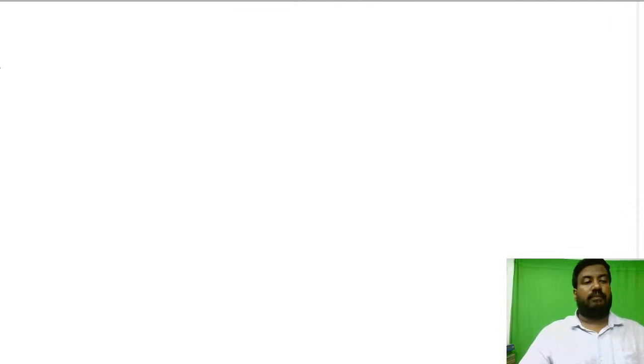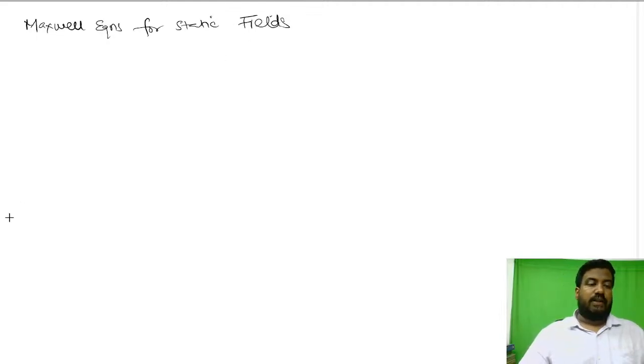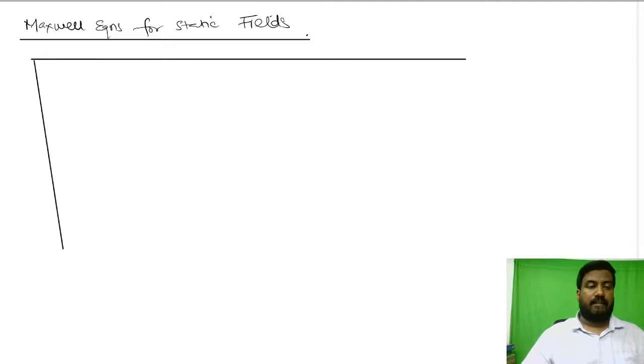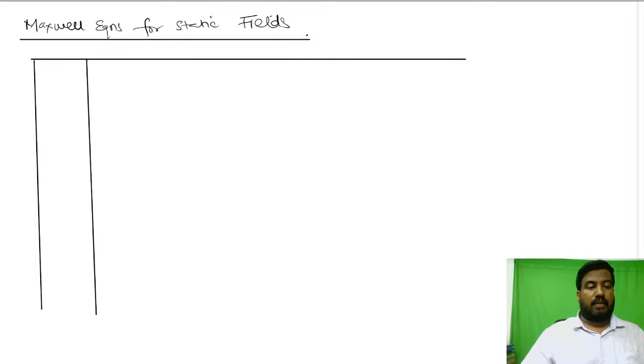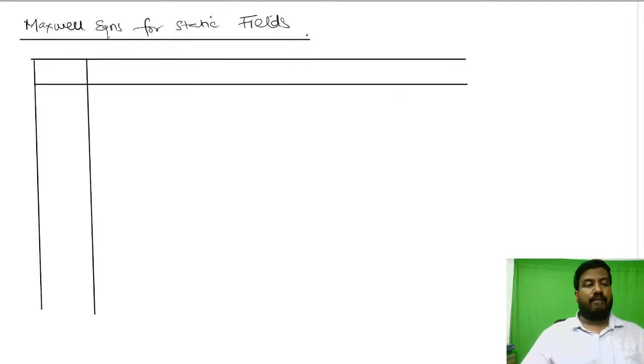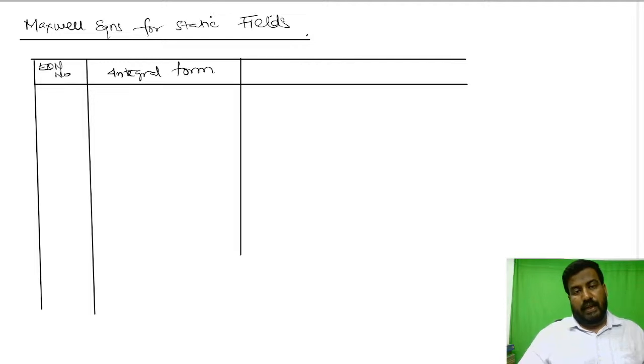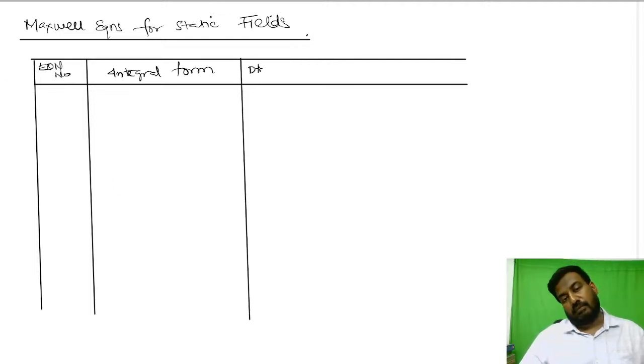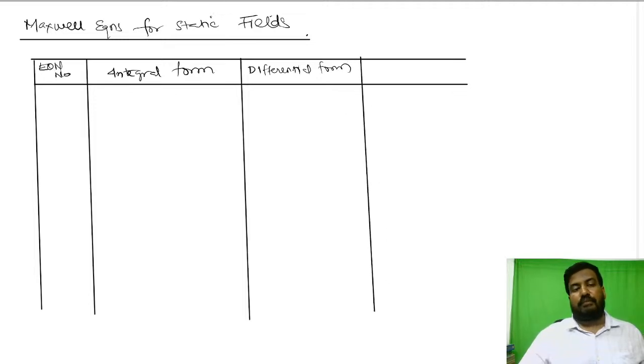So if you check out the table for Maxwell equations for static fields, with columns for equation number, integral form, differential form, and source.